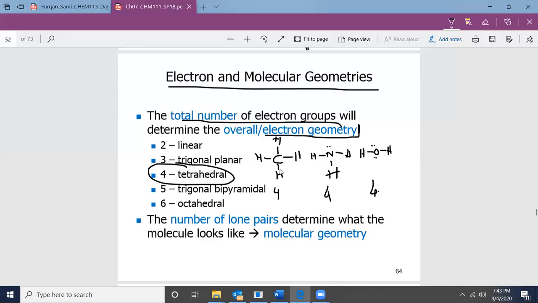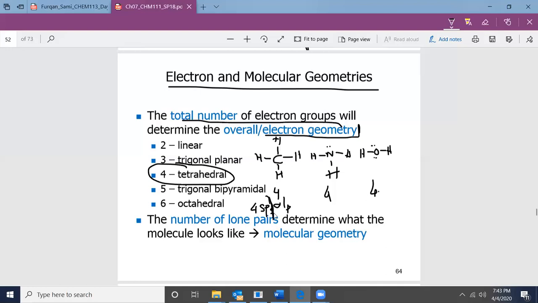So if we look at this methane molecule, then this is 4. So you have 4 shared pairs, and you have 0 lone pair there. So 0 lone pair, right? So that is pretty reasonable.